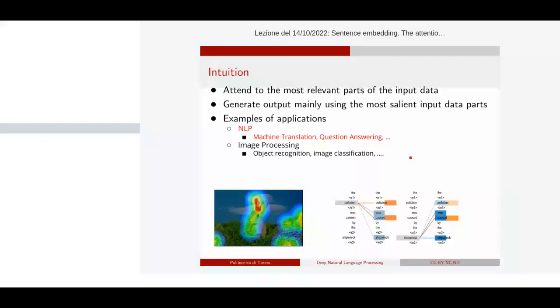What comes from the empirical evidence is that these kinds of networks are on average outperforming the traditional recurrent networks.